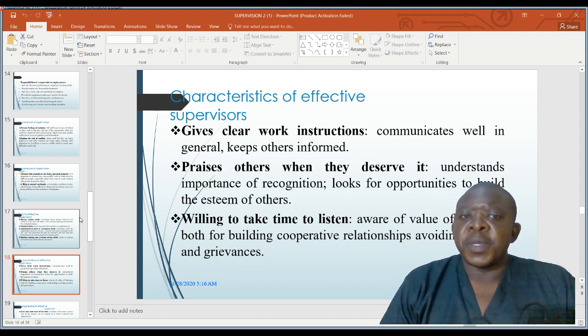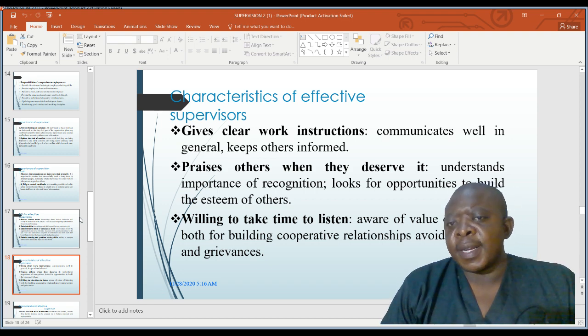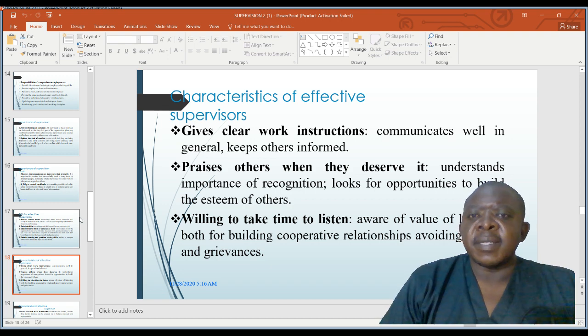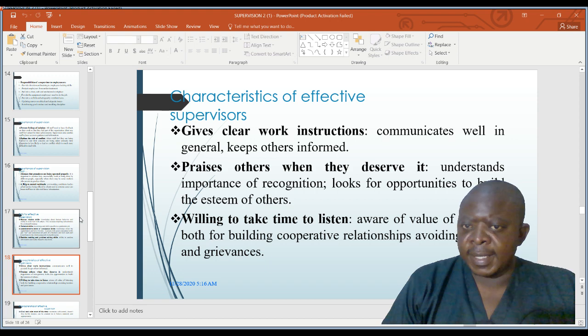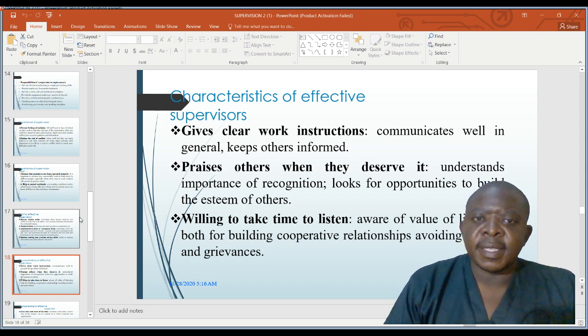This is with the understanding of the importance of the recognition of good work that is being done and also looking for opportunities to build the esteem of others. The other characteristic is willing to take time to listen. This has to do with awareness of value of listening, both for building cooperative relationships, avoiding tension, and grievances.